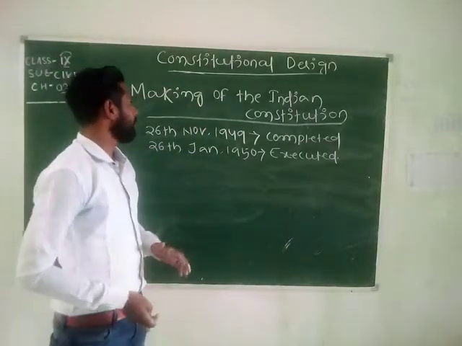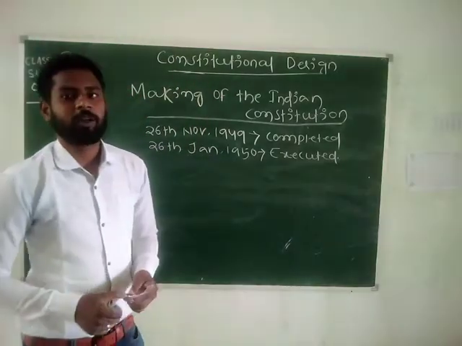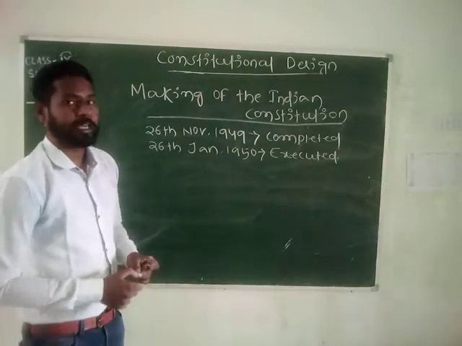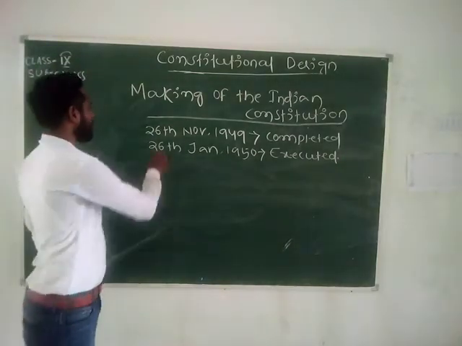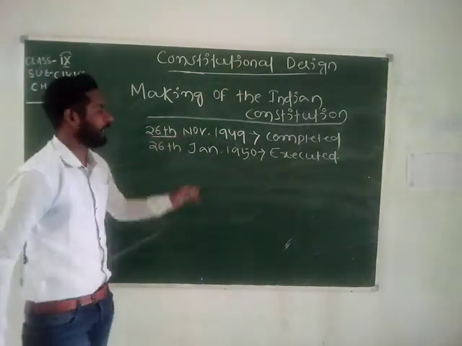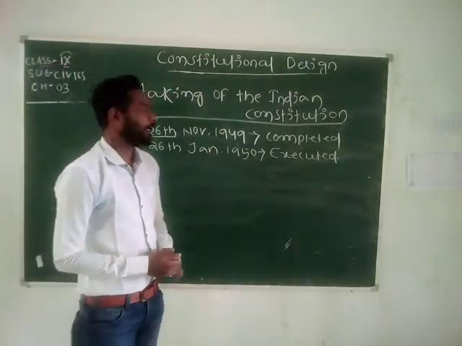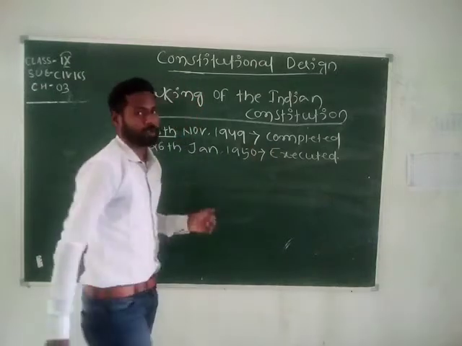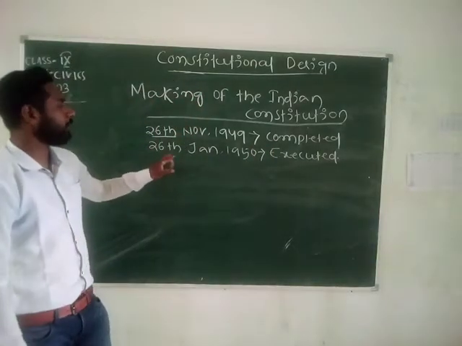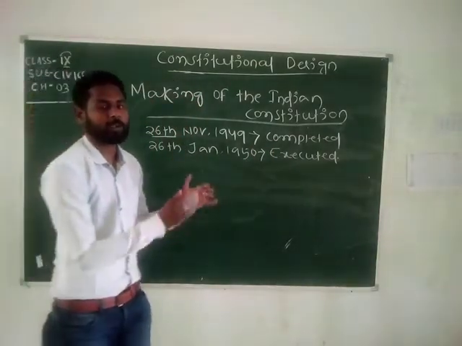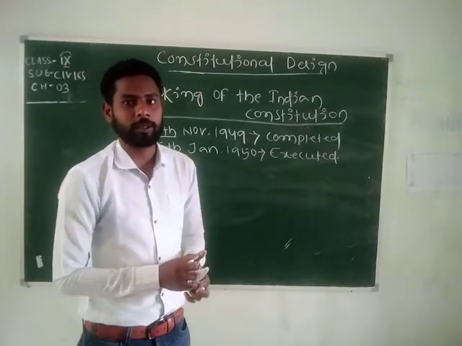So let's discuss the making of the Indian Constitution. As we already know, on 26 November 1949 the drafting committee completed the Indian Constitution, and on 26 January 1950 the Indian Constitution was executed.